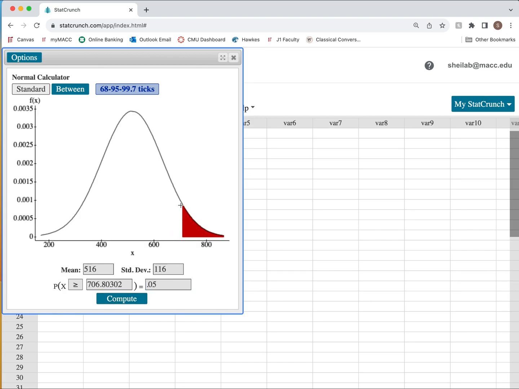So this is in the 95th percentile. If I was talking 95th percentile, then it would be everything going down below, but I want greater than, and just in this top 5%. Do you see what's happening there? Yeah, so the 95th percentile is this top 5%, so greater than the top 5%, and that's going to put me at 706.8, so I'm going to round that to 707.